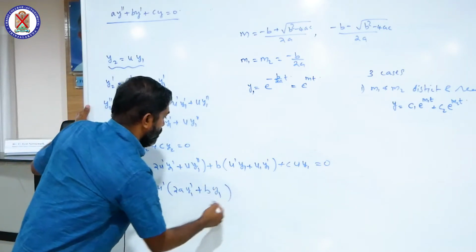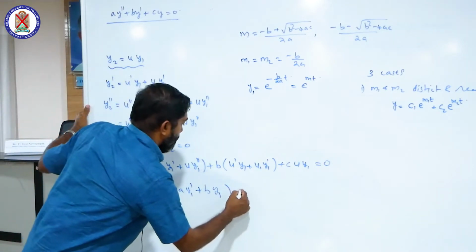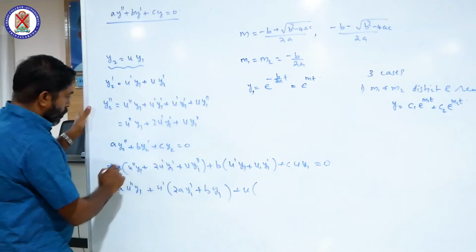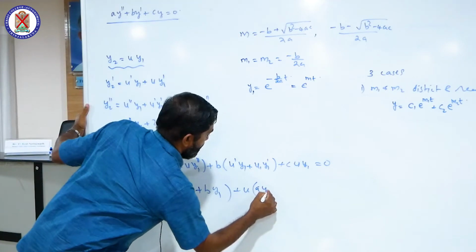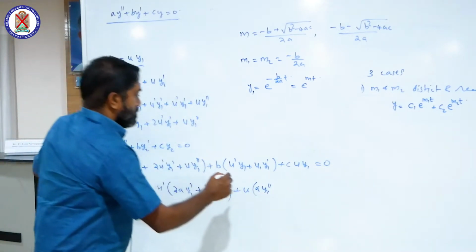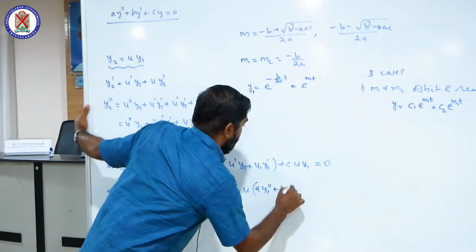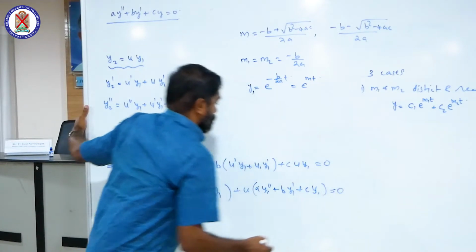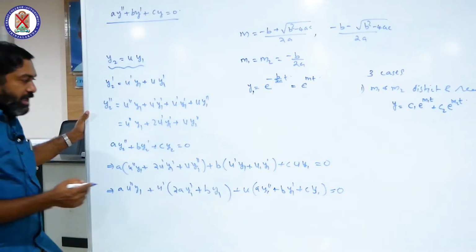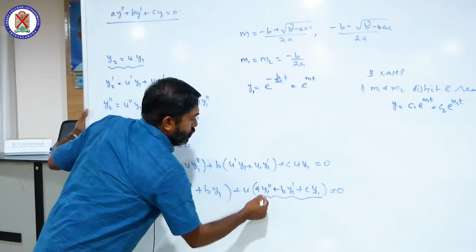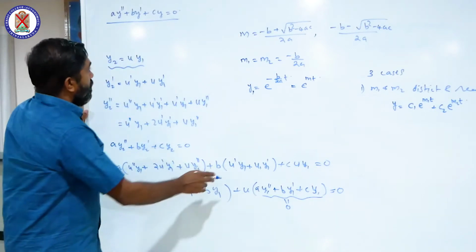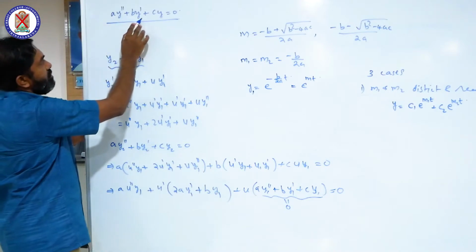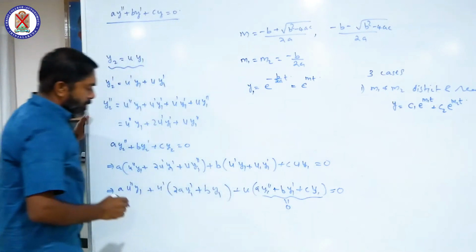These are the terms for u dash, and plus u into the remaining terms, u into a y1 double dash plus b y1 dash plus c y1. This is equal to 0. Now since y1 is a solution, this should be 0, because if y1 is a solution, then a y1 double dash plus b y1 dash plus c y1 equals 0. So this will become 0.